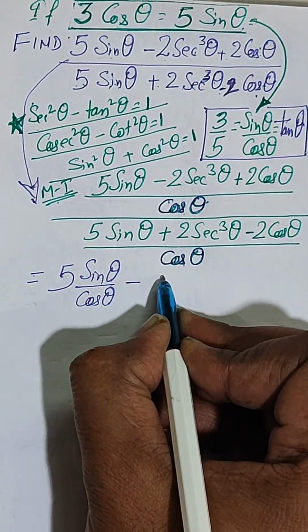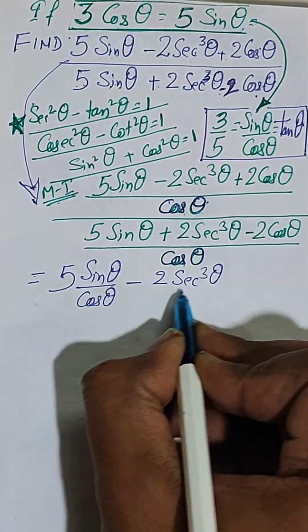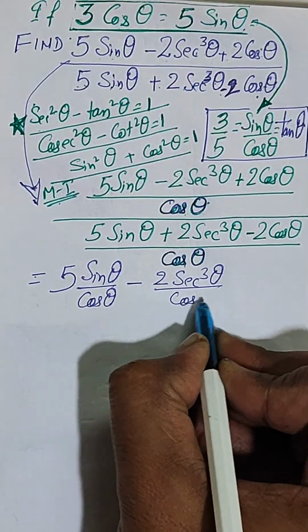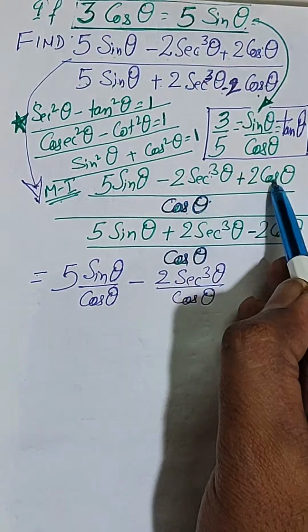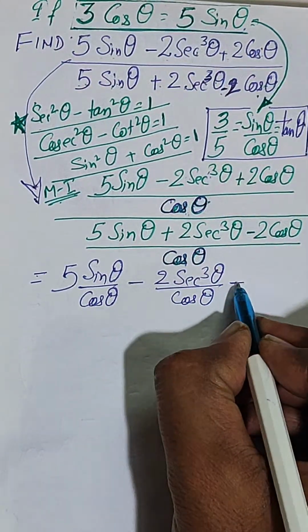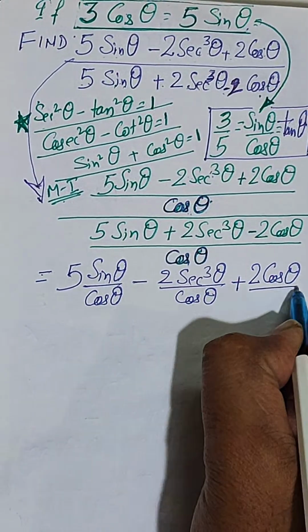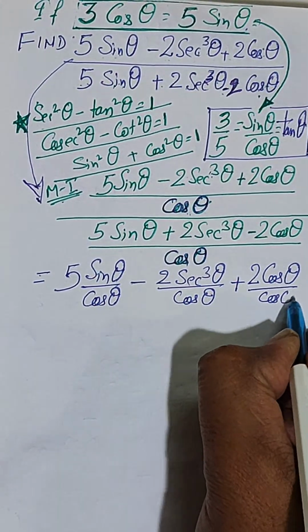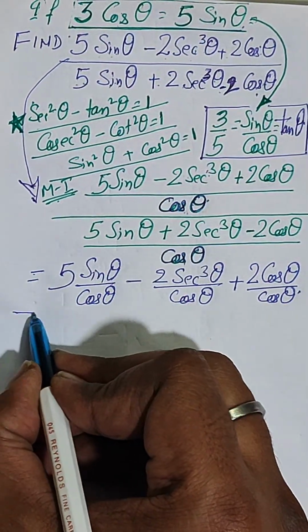Divide them individually. Minus 2 times sec cube theta by cos theta plus 2 cos theta by cos theta, that is, cos will be cancelled. So I am not skipping any step. I am elaborating in detail so that you can understand what is happening.